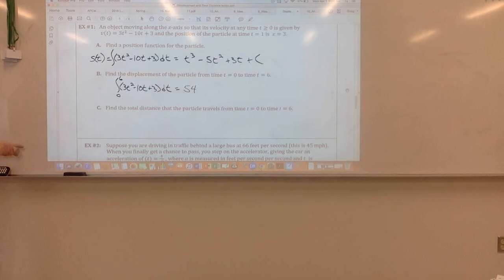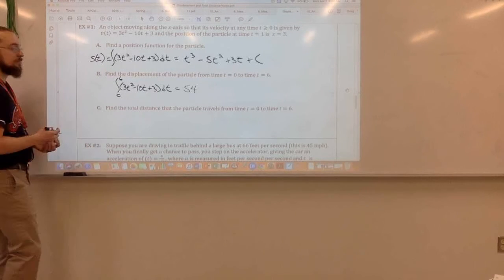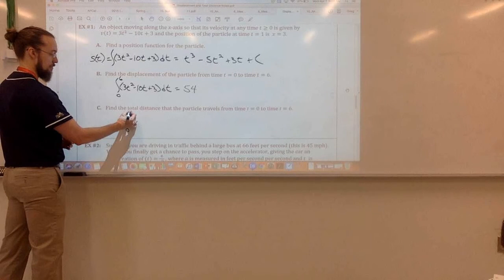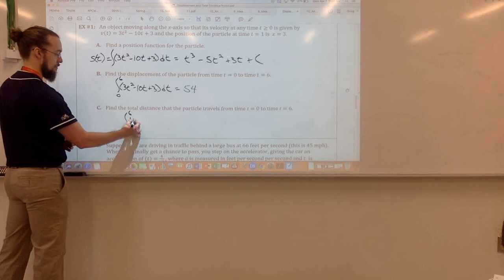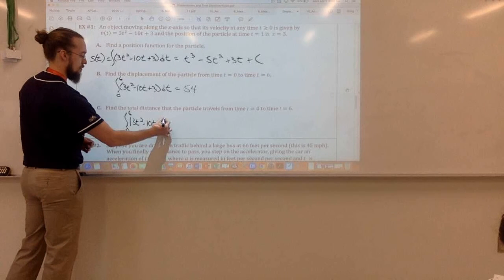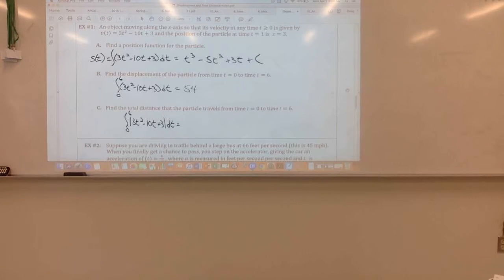Then total distance. How do I do that? Integral of the absolute value.